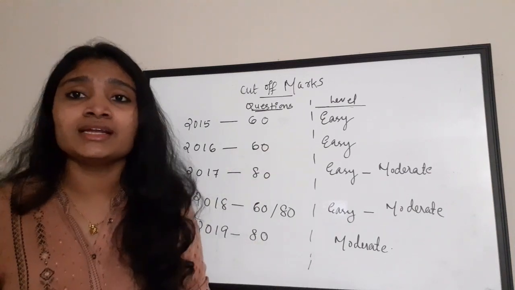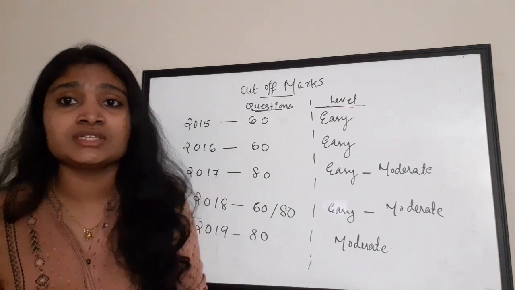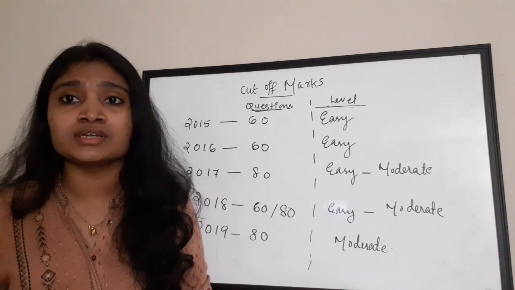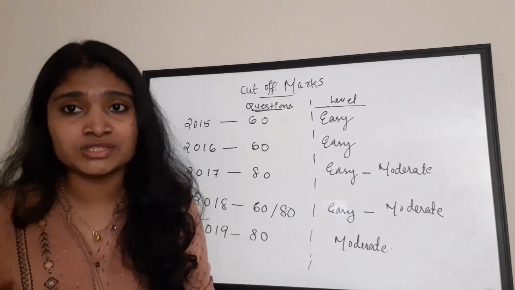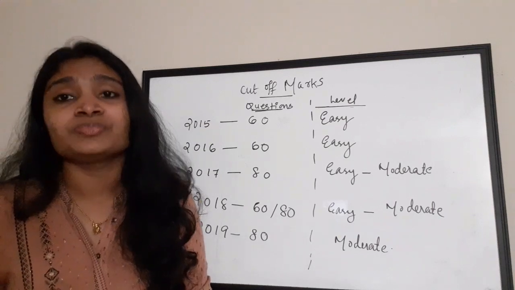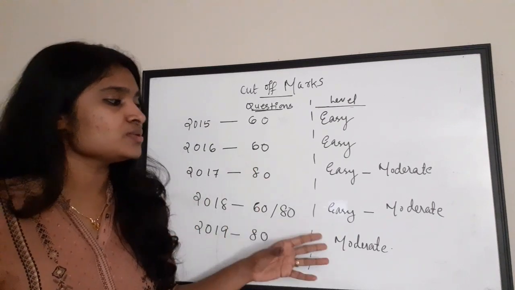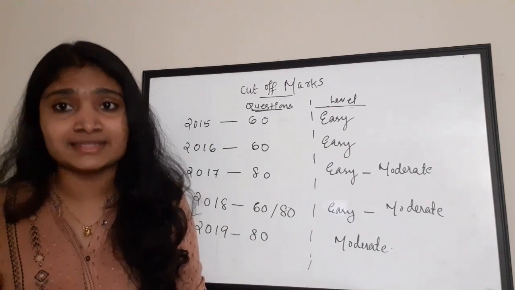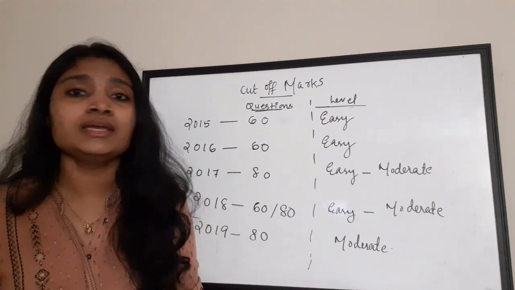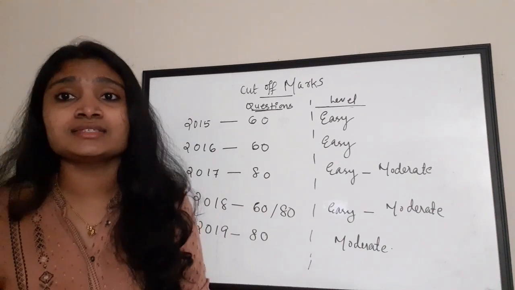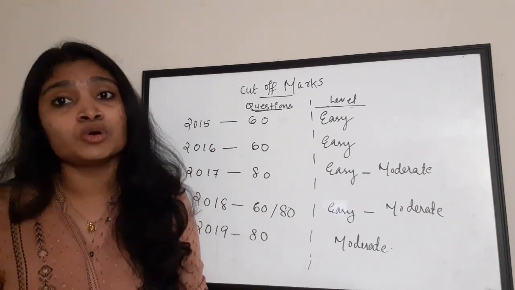For the post of technical assistant you cannot expect really tough questions, but the questions can be from the very basics of electronics, testing your knowledge in the subject, and it can be from easy to moderate level. We can also anticipate that the questions coming in 2020, the next exam which is going to happen, will only be of a moderate level. We cannot expect really tough questions.